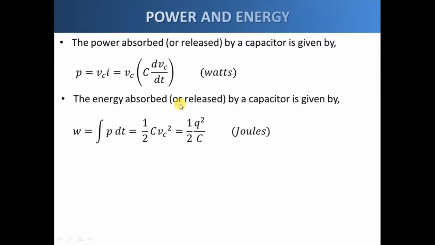The energy absorbed or released by the capacitor can be derived by simply integrating the formula for P dt. Since P is given by this one, we can plug it here and you will get 1/2 C V_C squared. And since we have the relationship Q equals C V_C, we can also express the energy absorbed or released by the capacitor in terms of the Q that is being stored by the capacitor.